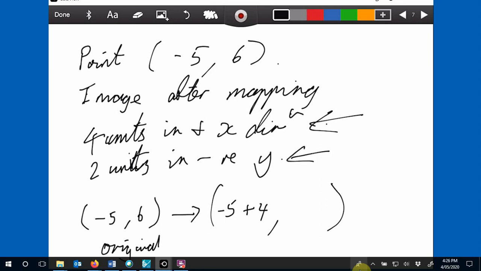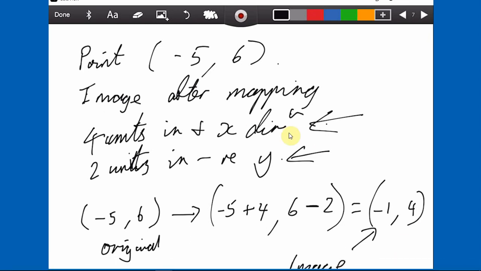And then this next one here, 2 units in the negative y, so we're moving it down 2, which then becomes -1 and 4. And that there is our image.